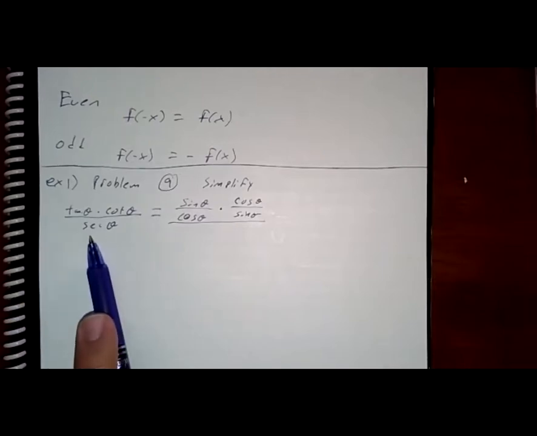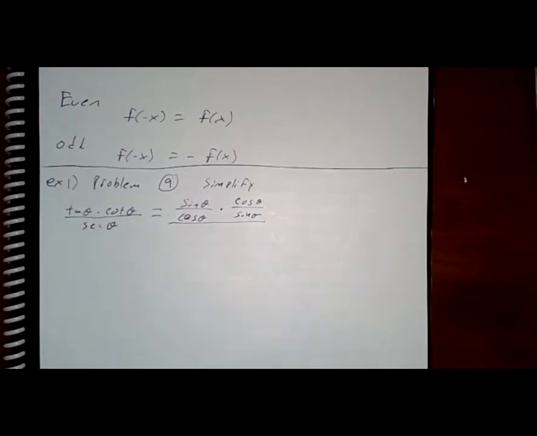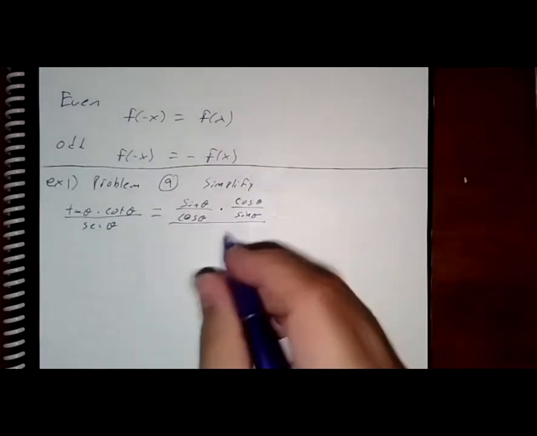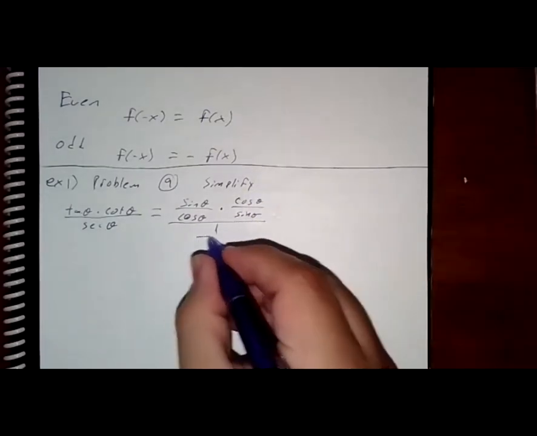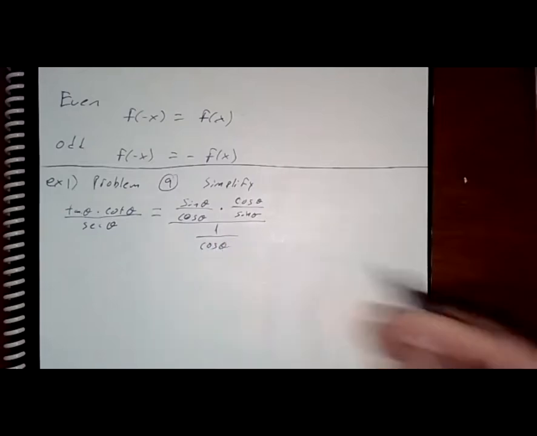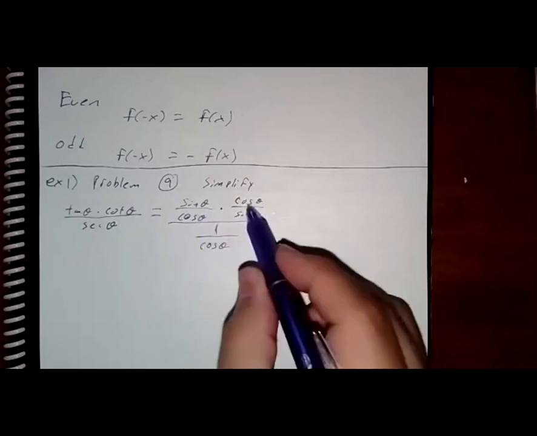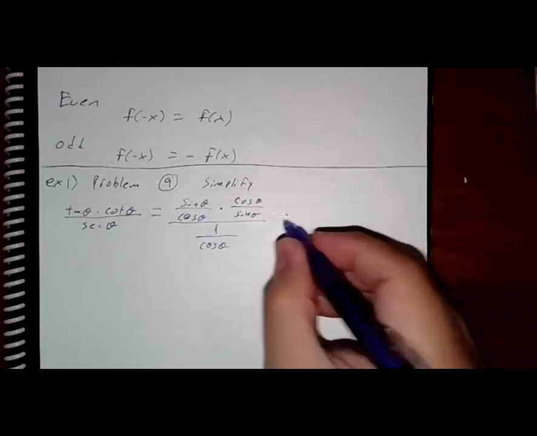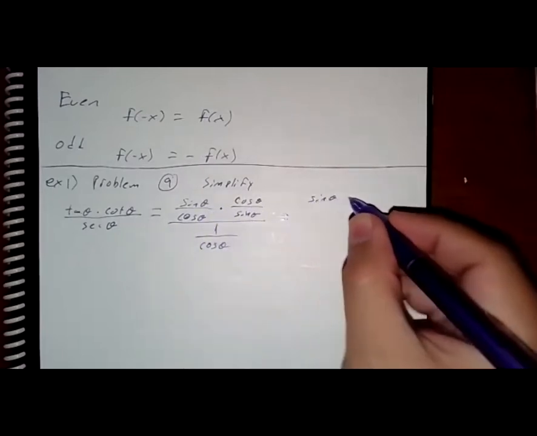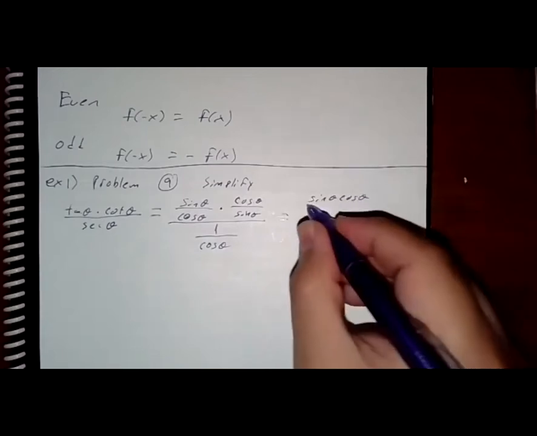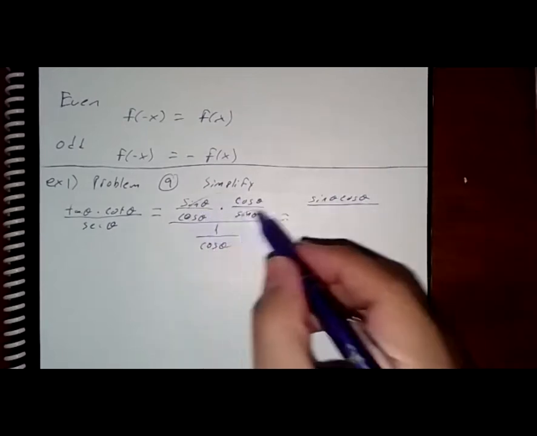What is secant as a reciprocal? Yeah, that's 1 over cosine. You're right. Now that I've applied this, multiply this. This is just a fraction, right? Two fractions times each other means, I mean, we don't have to show this step, but I will just this one time. Technically, these are all going to cancel, right?